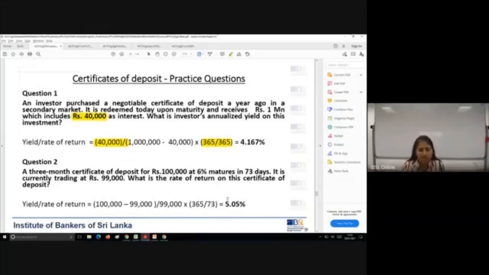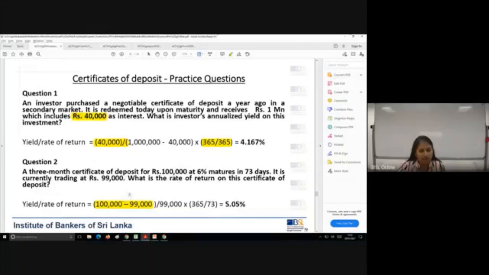If you bought it in the secondary market, they don't tell you that you held it until maturity. Okay. If you're holding until maturity, then you have to include the 6% here as well. Here, only the discount is there. If you're holding until maturity, you're going to use this 6%, which is 100,000 times 6%.